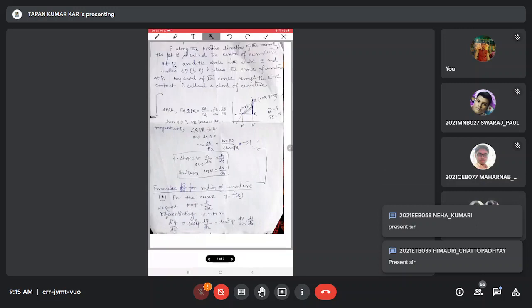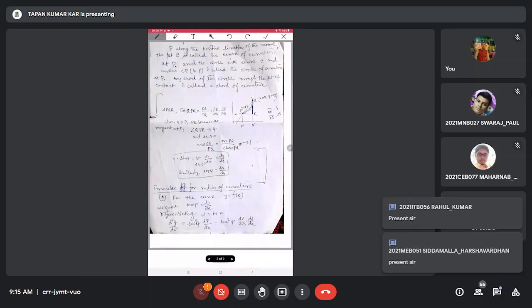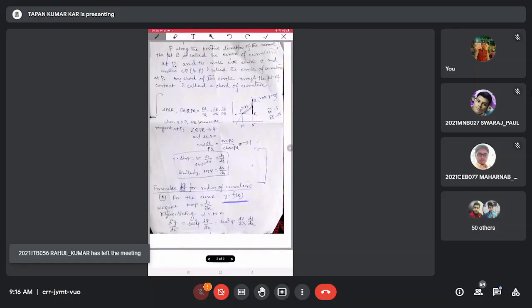And these are some formulas, as I told you earlier, three or four formulas I have discussed. One is for the curve y equal to f(x), the Cartesian equation.